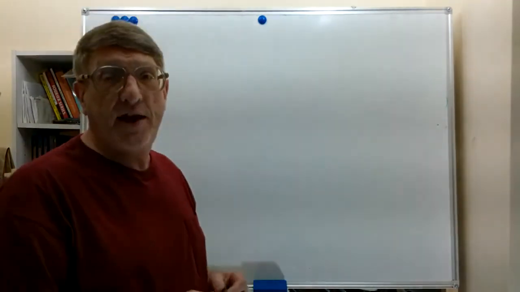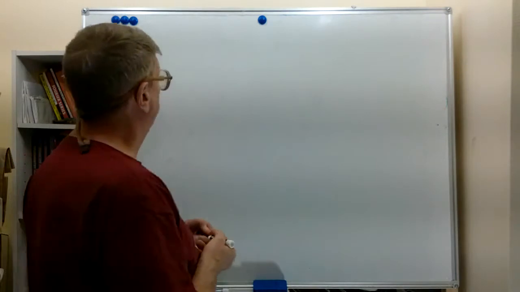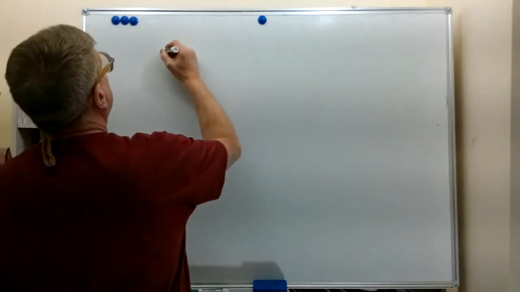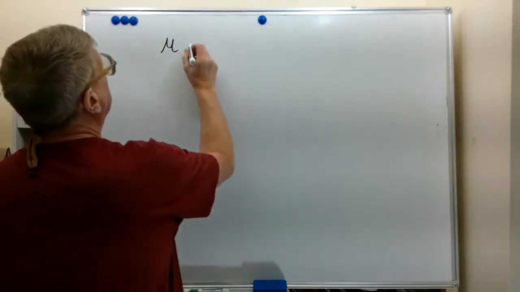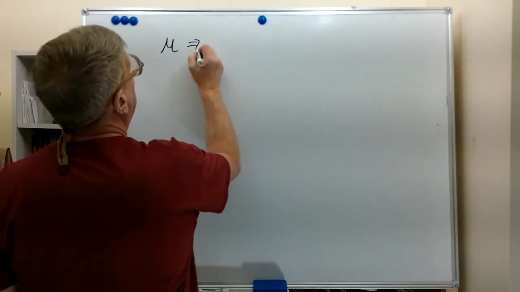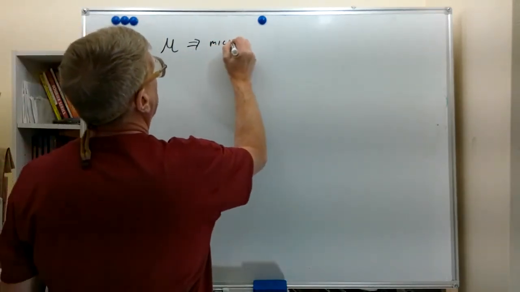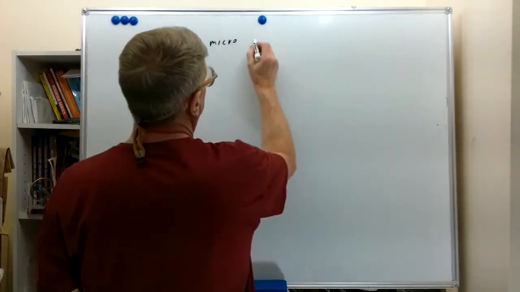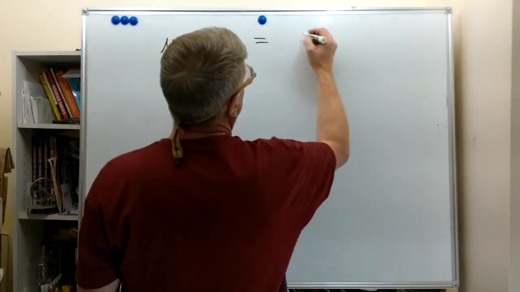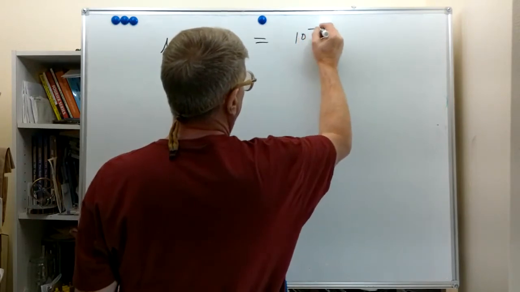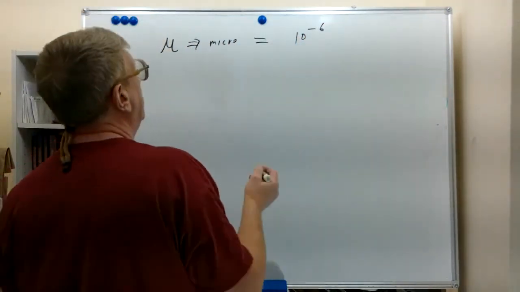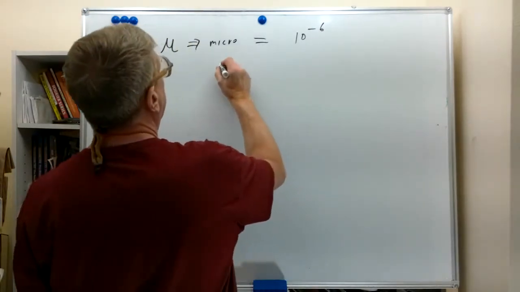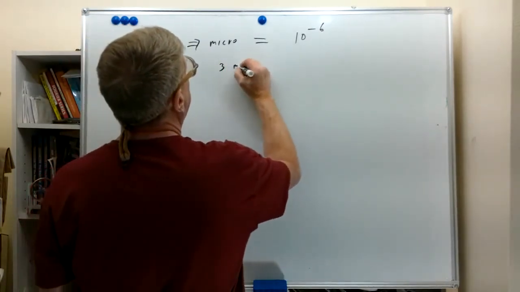Now we have different types of units we can use. We use a little symbol like this to indicate micro, which is equal to 10 to the minus sixth. So let's say that we had 3 microamps.